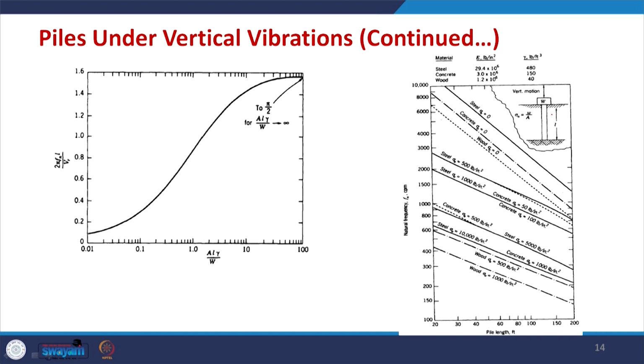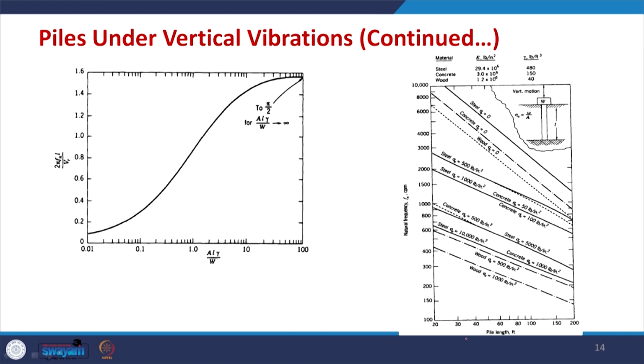The problem is given here: W is the total weight on the top of the pile, L is the length, and you have additional stress W by A, which is exclusively due to the weight. And then for different pile lengths you get the natural frequency in cycles per minute.